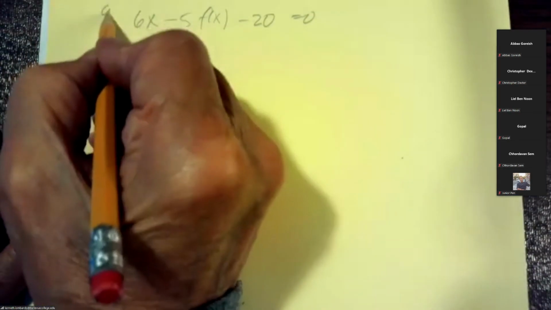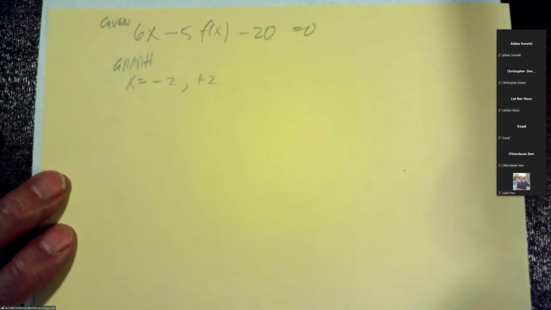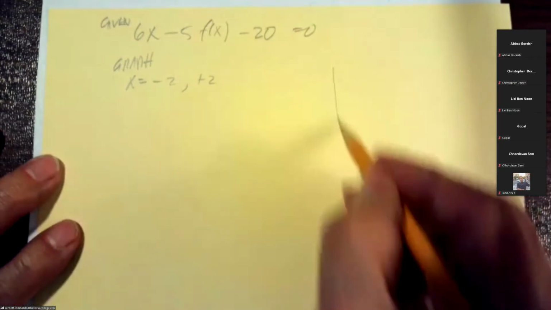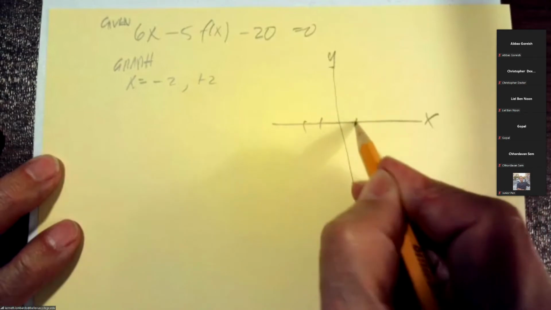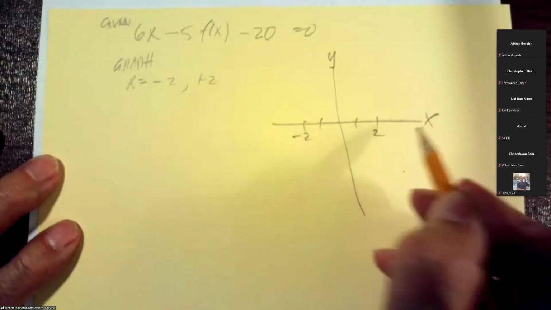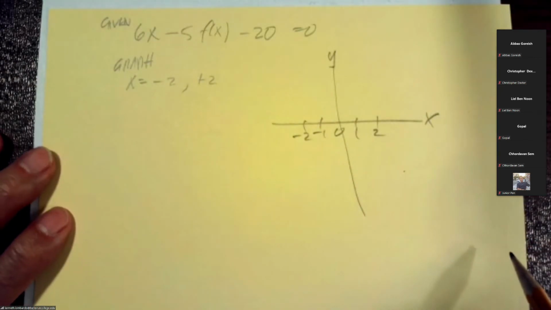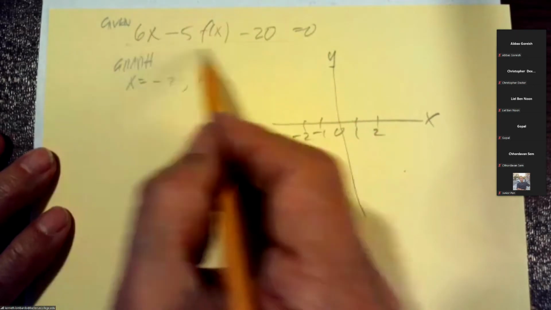So this is what we're given. And we're going to want to graph it on the XY coordinate plane from, let's say, -2 to +2. This looks like it's a line or a curve or a parabola. What do we think this looks like?